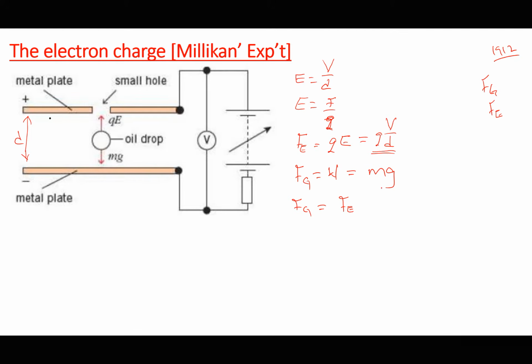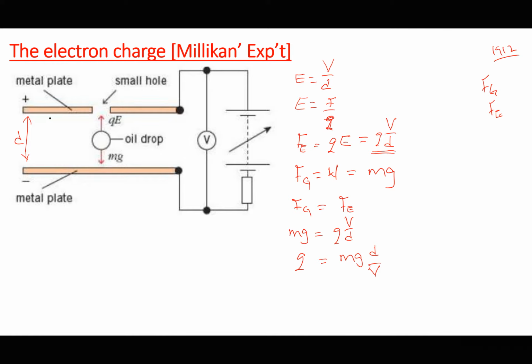And if we equate these two expressions, we would find that mg would be equal to charge times V over d. I want you to note that we are interested in the charge of the oil droplet. So the charge Q would be given as mg times d divided by V. That would be the charge of the oil droplet.